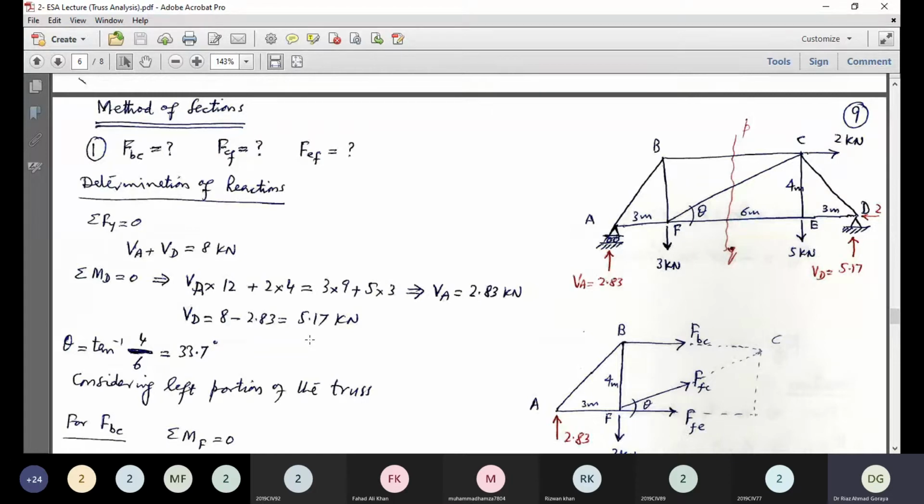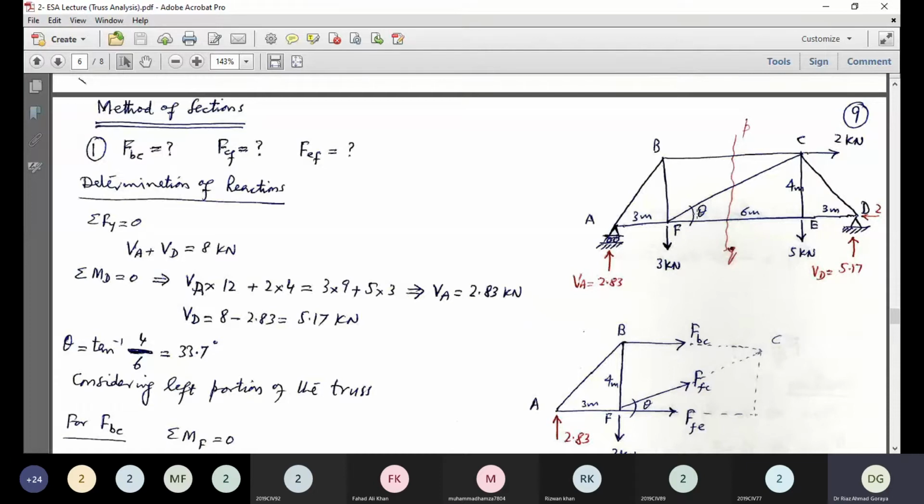Now, after determining the reactions, the next step was the determination of the geometry where it is required, because this member CF is involved, so its inclination is required. So this theta is required to be determined.